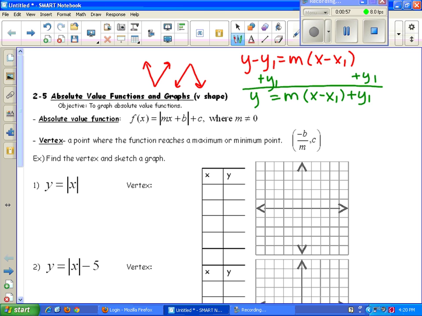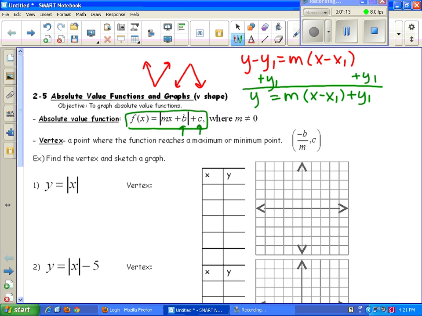Notice that this is kind of close to what we have for our new absolute value function. The only difference is instead of y1 we have c, and instead of x1 we have this b value here. And the m is on the inside of our absolute value bars.